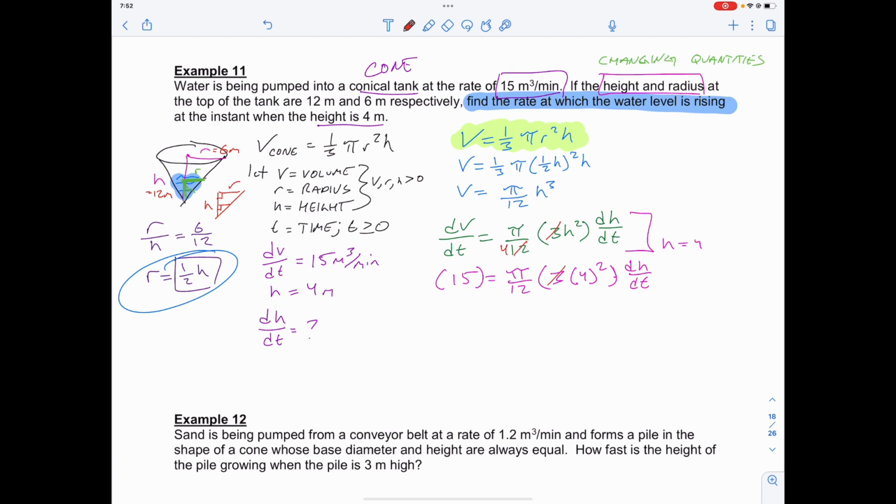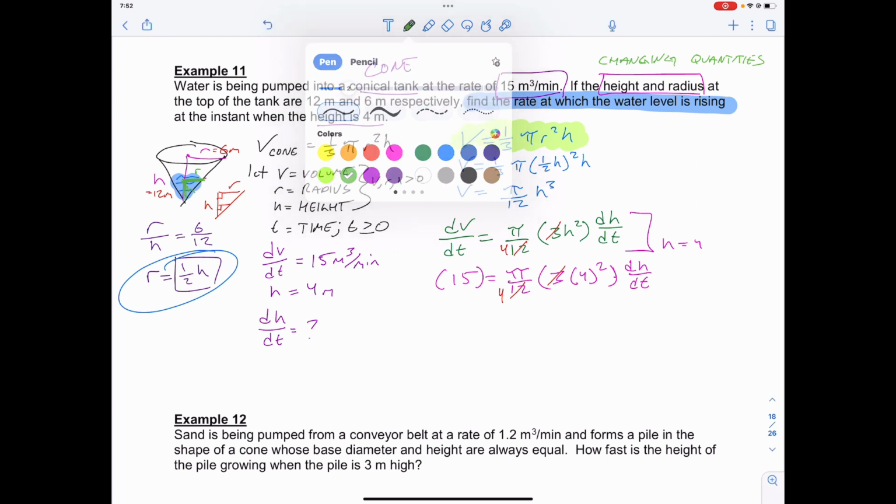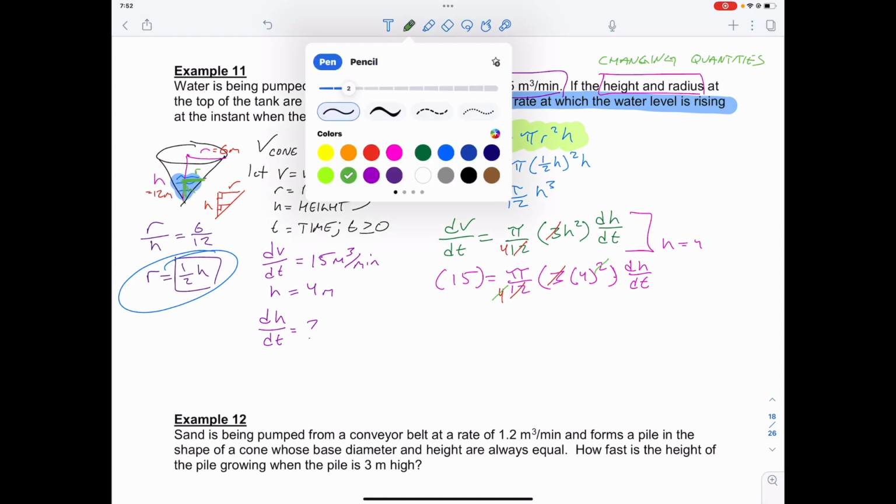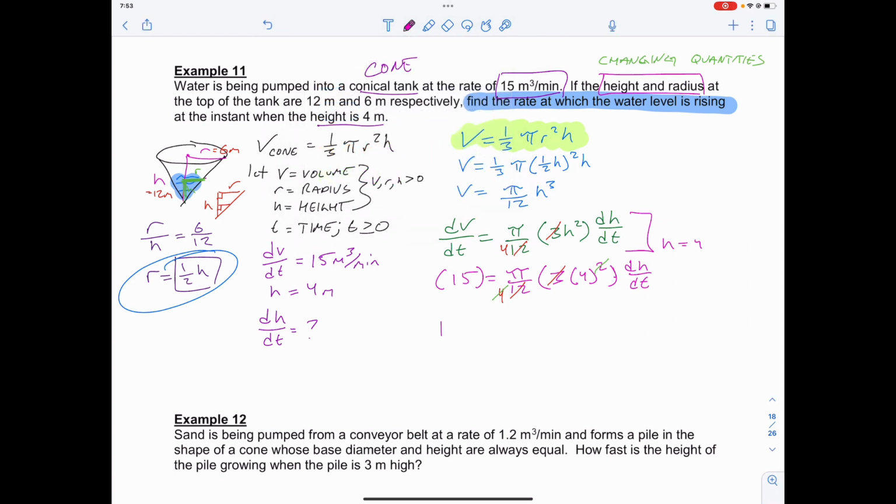That's fine. We're going to wind up doing the same thing here anyways. We're also going to be multiplying by 4 squared and dividing by 4, which means that we could even do that again and cancel out a 4 from here and a 4 from here, which means what we actually have is 15 is equal to 4 pi times dH over dt.